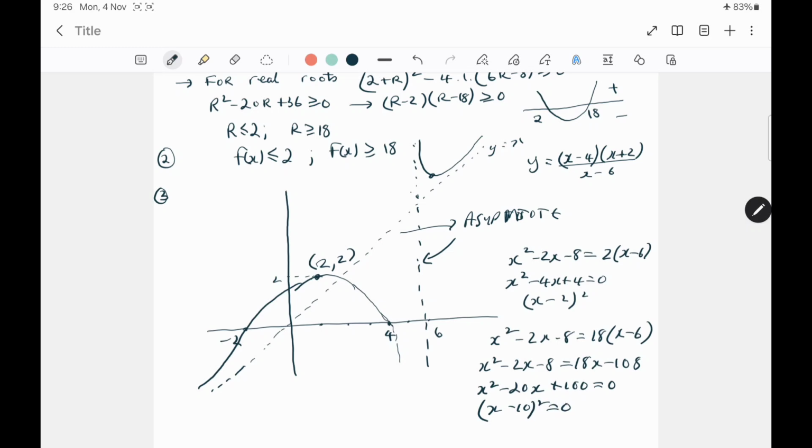So the other turning point will have coordinates x is 10 and y is 18.